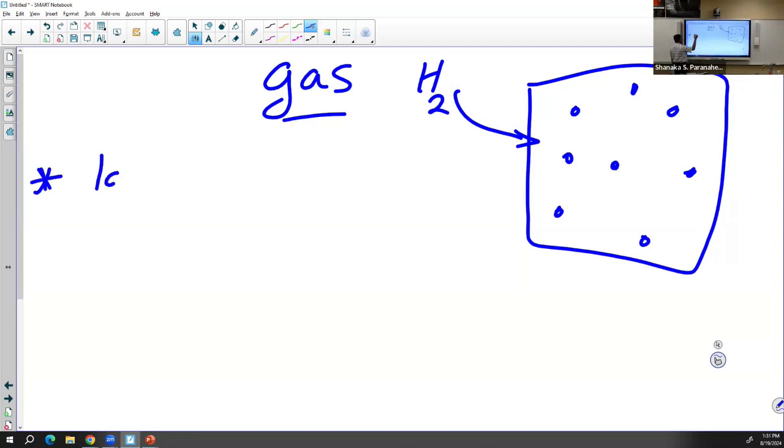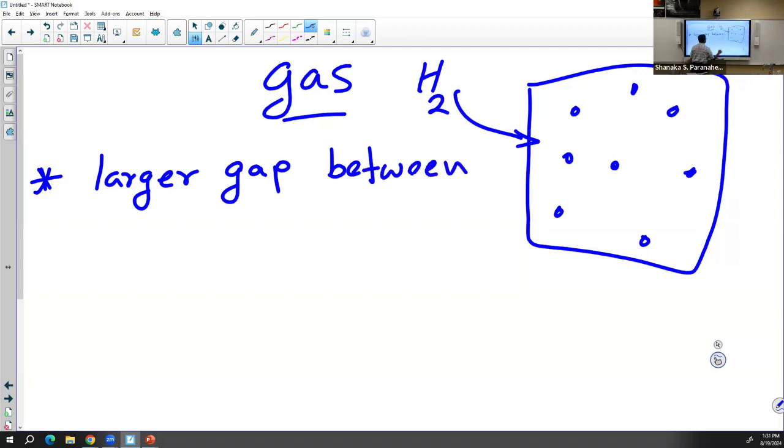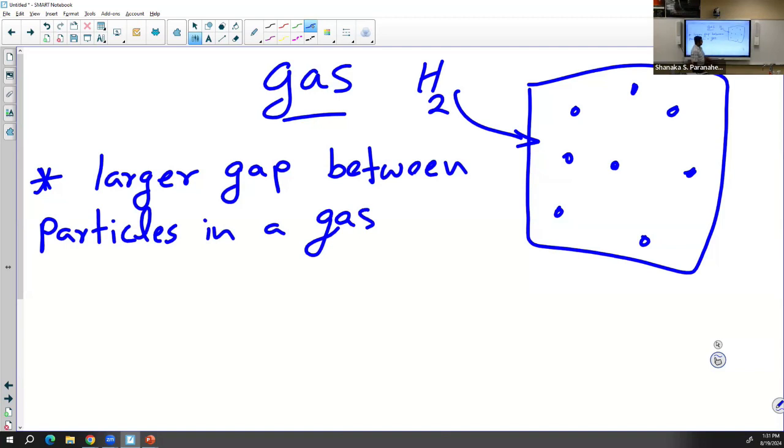There's a larger gap between particles in a gas. The distance between two particles is relatively large compared to the other two states.